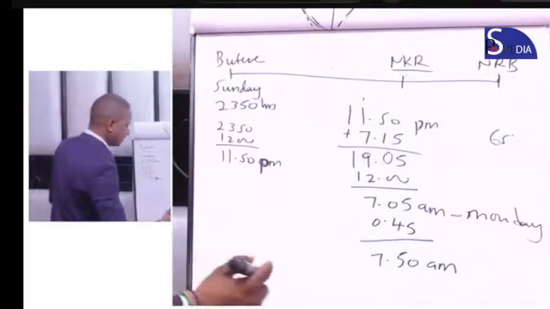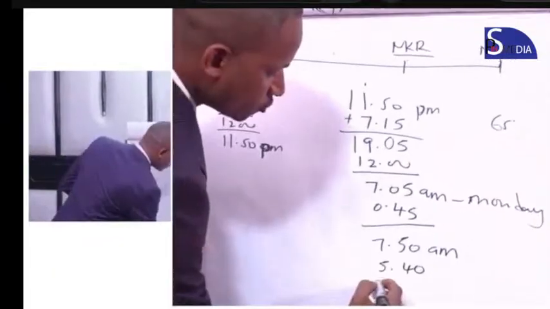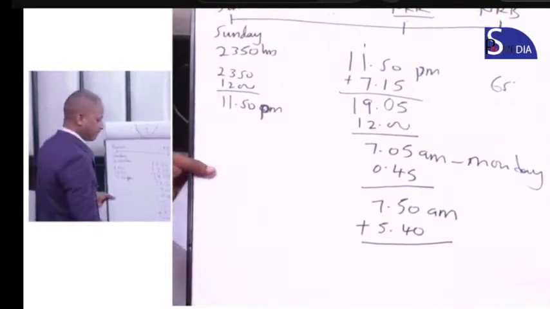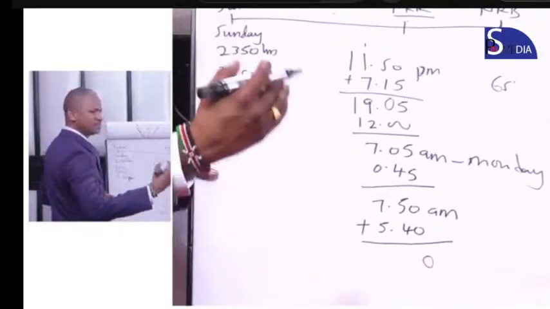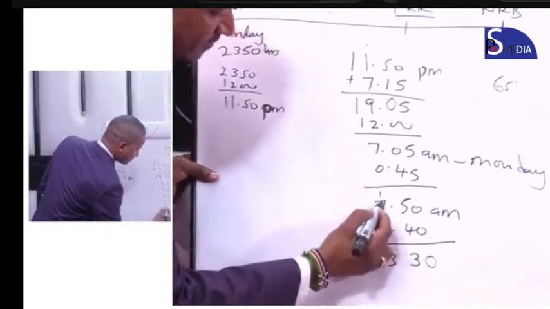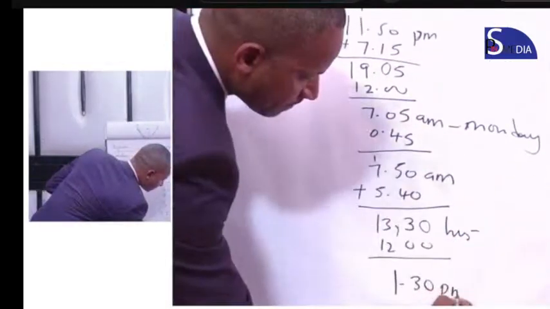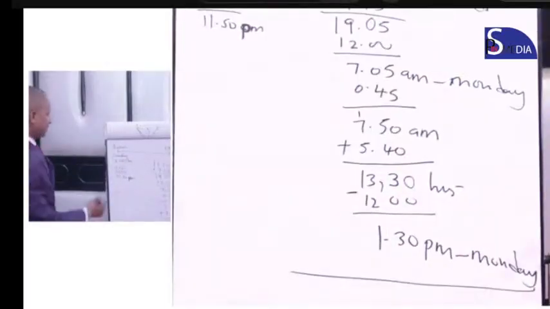You add again: 0, 5 plus 4 is 9, so that is 90 minutes. 7 plus 5 plus 1 gives 13:30. But a very easy thing.